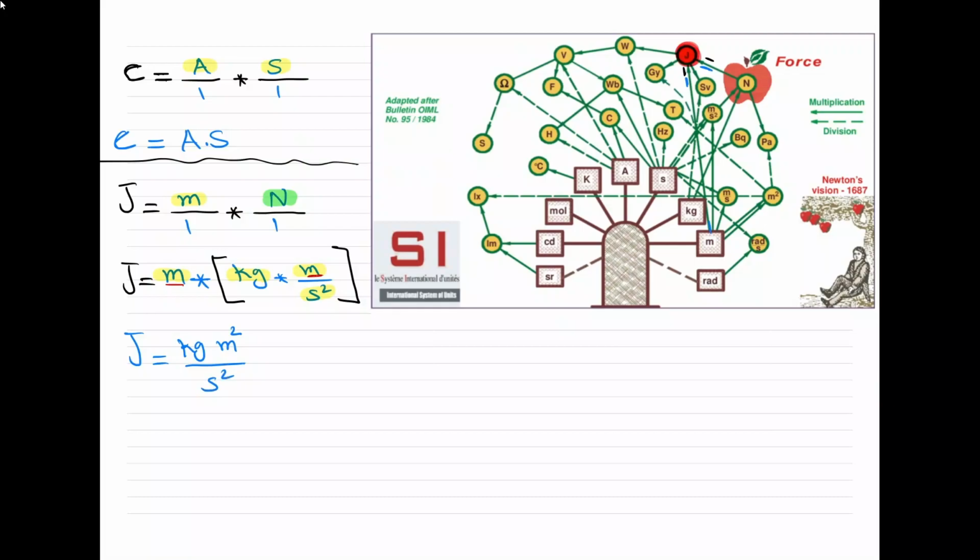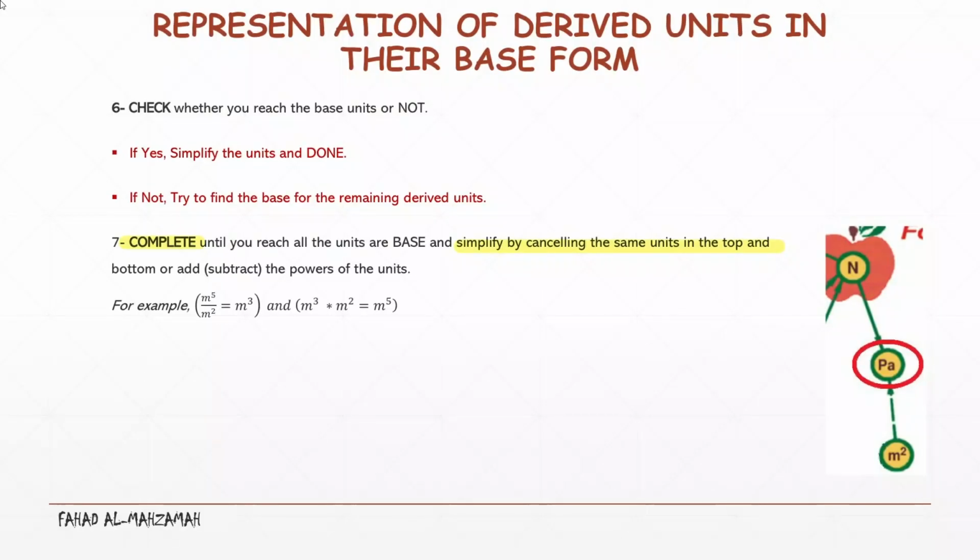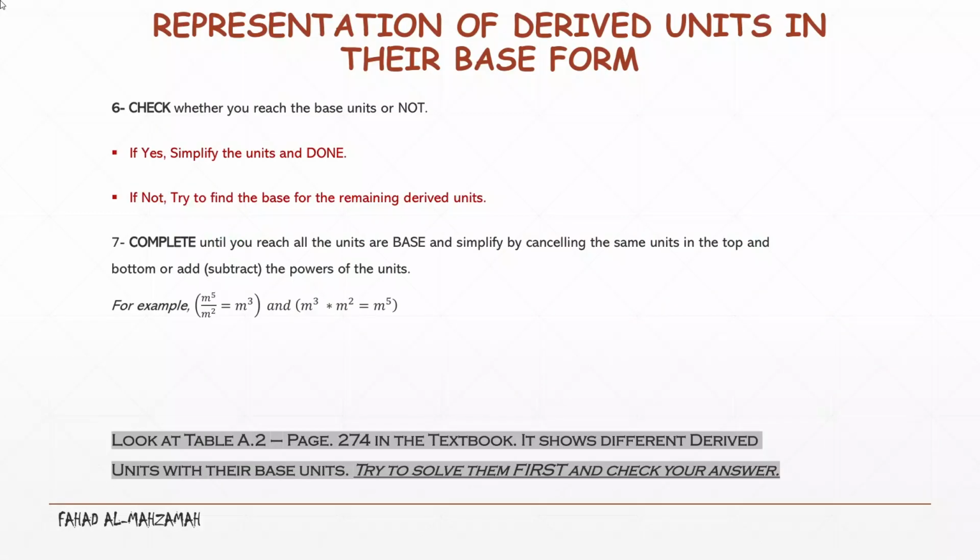Now, these are three examples. You can solve different examples, and you can find in the book, at page A.2, page 274 in the textbook, the table with all or most of the derived units with their expressions in base units form.